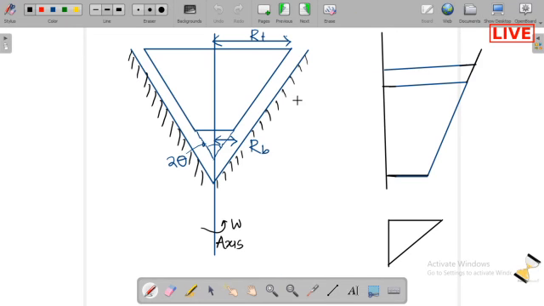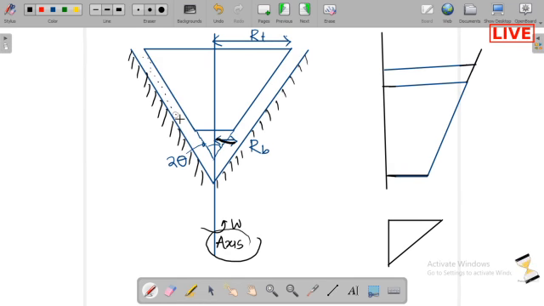So this one is my top radius and this one is my bottom radius. Suppose you imagine this cone is rotating about this axis, and in this gap the oil is there.